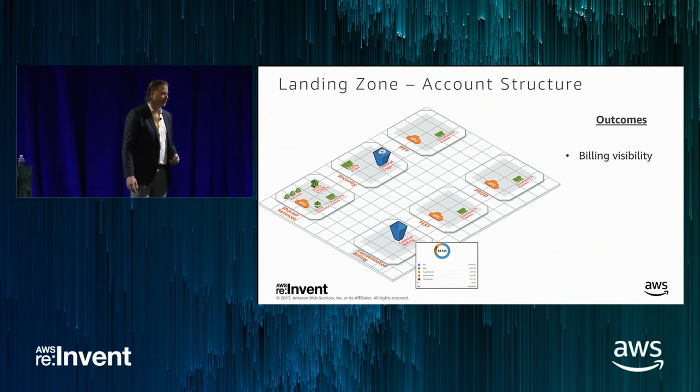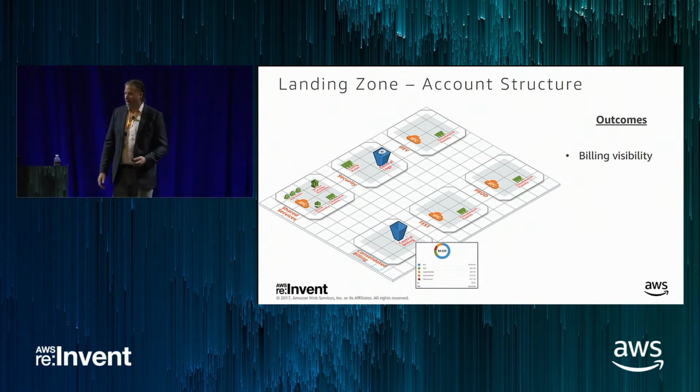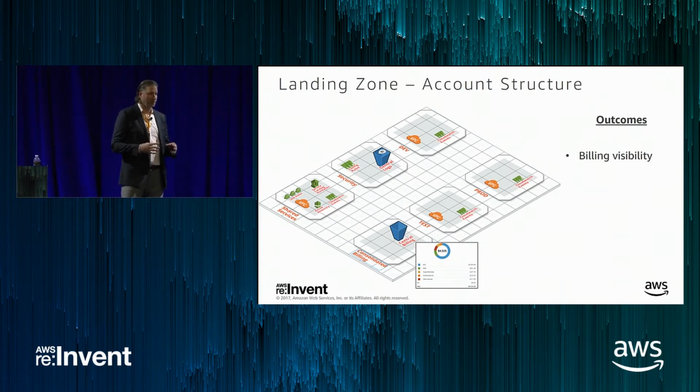It's a lot of detective work you have to do. So one way around that is to start using accounts as that boundary, to provide some level of isolation and a roll-up, from an account perspective, of what everything running within that account costs.